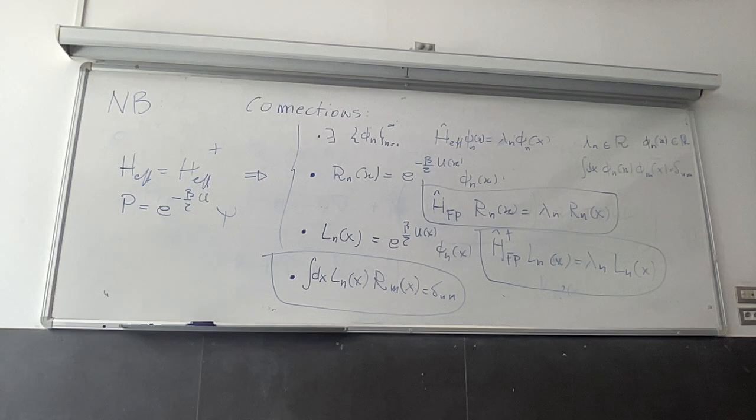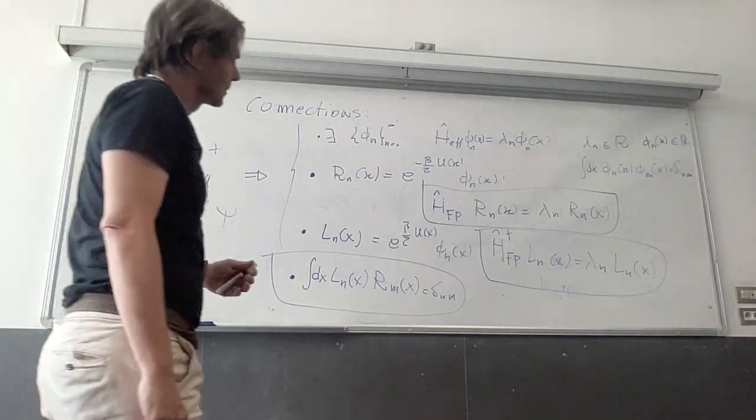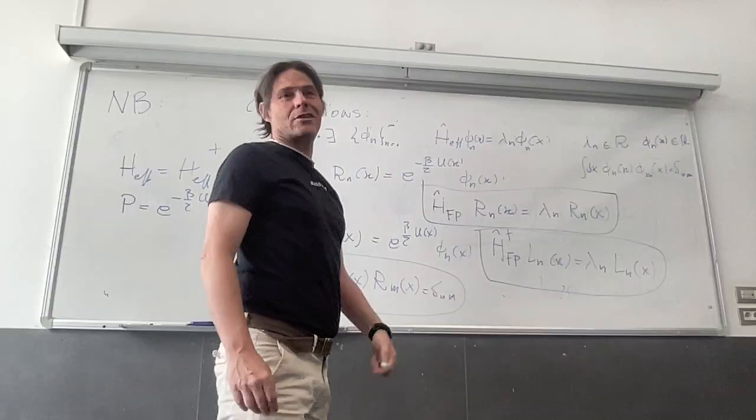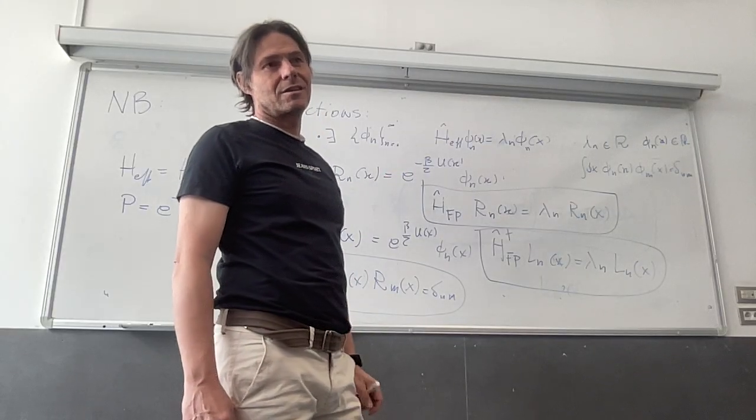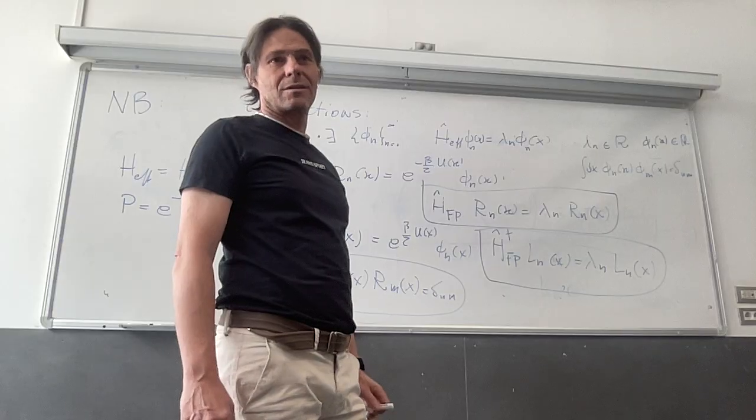Now we need to get the physics back because our interest is in the physics, understanding what these lambdas are, rather than in the mathematical properties of an operator, right? Okay. So what is the physical interpretation of the lambdas and the phi and the R's at all, right?